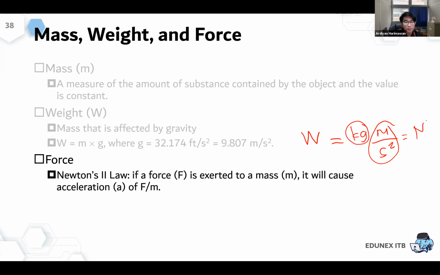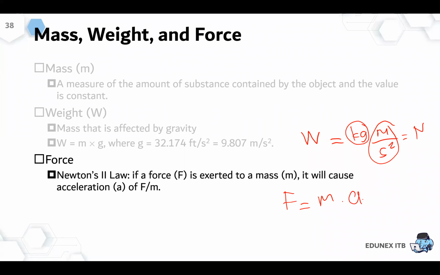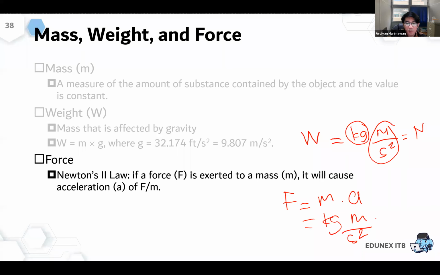Okay, how about force? Force is basically mass times acceleration. The unit will also be kilogram meter over square second, or Newton as well. So what will be the difference between weight and force? Apa bedanya?